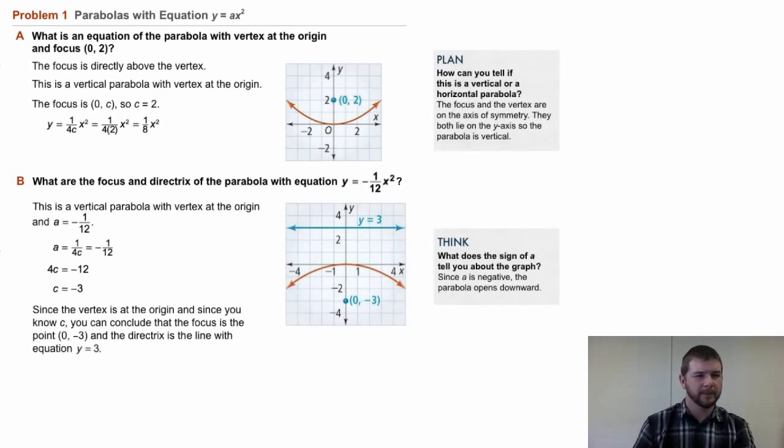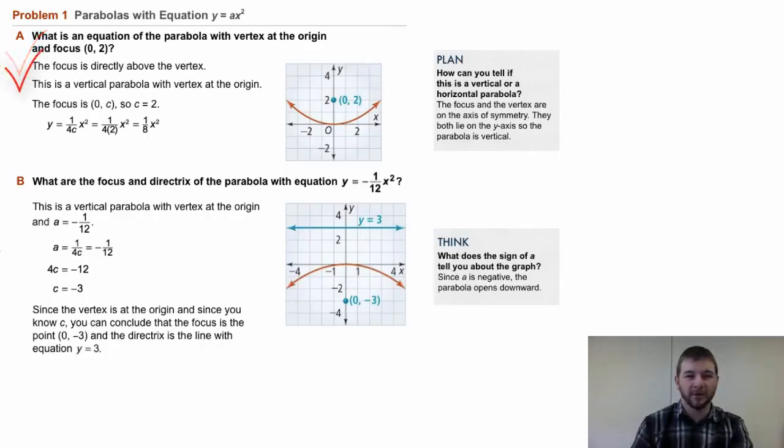Example problem 1. Parabolas with equation y equals ax squared. Part A. What is an equation of the parabola with vertex at the origin and focus (0, 2)? Well, note we have the parabola graphed at the right, and notice also the focus is directly above the vertex.